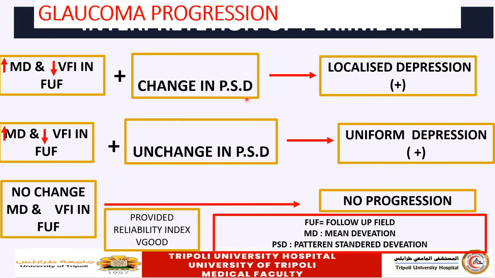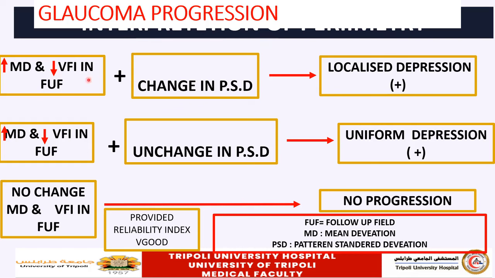So as I said, we use the mean deviation, where an increase in the negativity establishes a progression, and a decrease in the visual field index in the follow-up visual fields, if these two are associated with changes in the pattern standard deviation. Now, the pattern standard deviation signifies a localized defect in the visual field or in the hill of vision, and it indicates a localized depression.